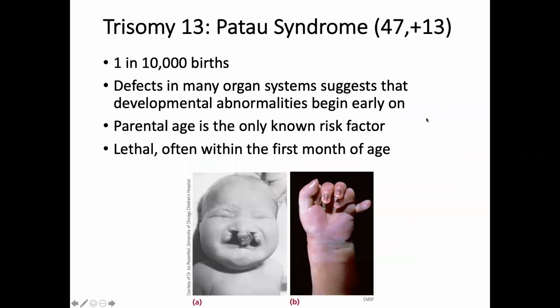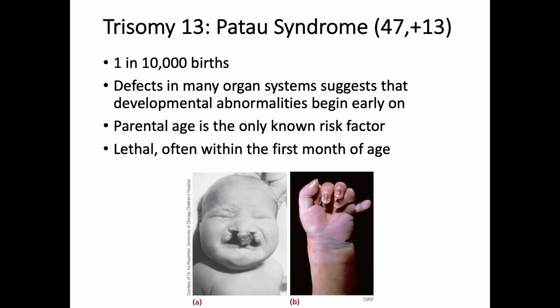Now let's see several disorders of autosomal aneuploidy. Trisomy 13 is also called Patau syndrome, which contains an extra chromosome 13. So the total chromosome number is 47. In genetics, we use 47, plus 13 to show its cytogenetics.